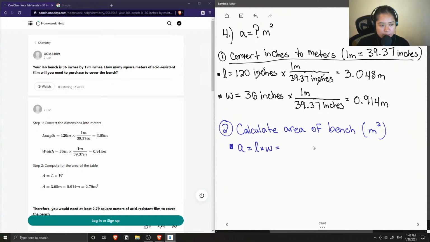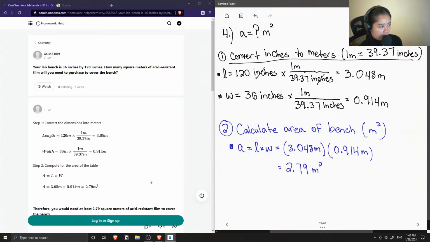So we just plug in our values in meters that we found in the previous step. So 3.048 meters times 0.914 meters. And this gives us our area, which is 2.79 meters squared.